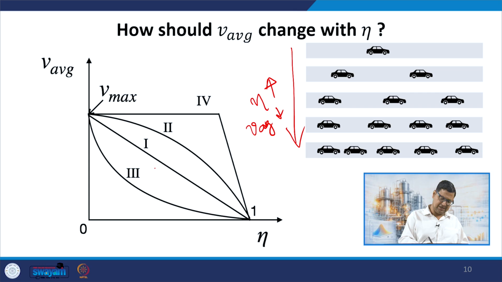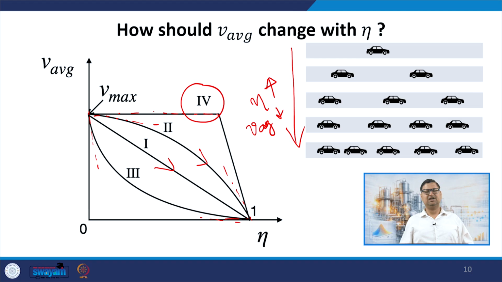Does it go down linearly, like number 1 here, or does it go down like 2, where the initial slope of decrease is smaller but the slope is much higher later, or something like 3, where you have a higher slope to begin with and a lower slope towards higher eta, or something like 4, where you have, let's say, a constant velocity for a while, and then it goes down slowly, linearly, to 0, right.